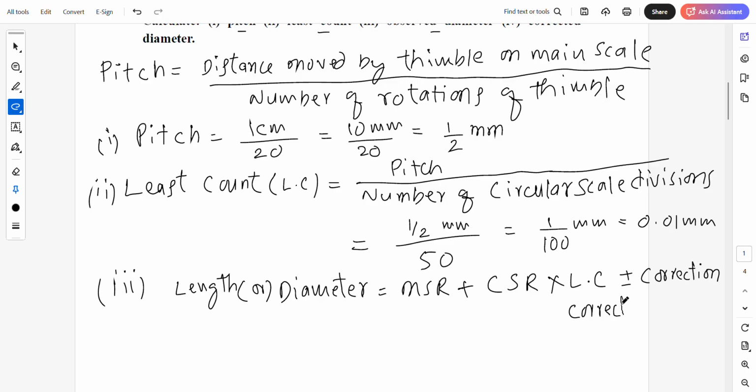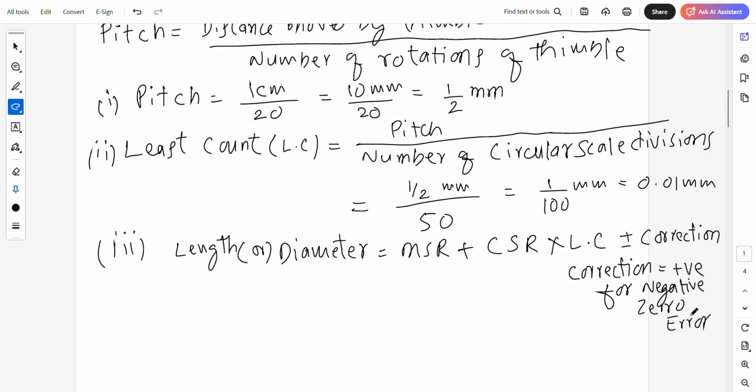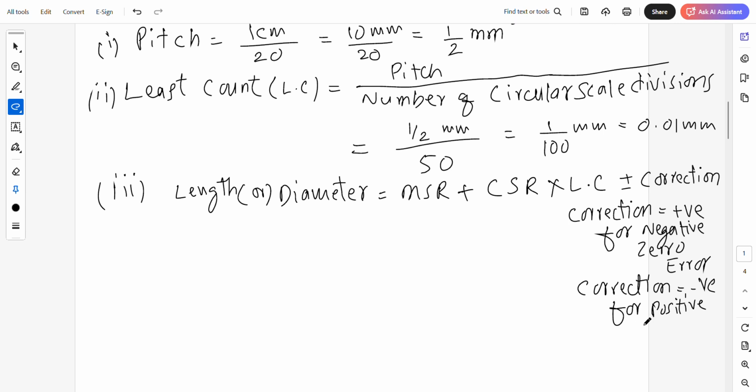Correction is positive for negative zero error. This you should be knowing. And correction is negative for positive zero error. Correction is 0 for no zero error.